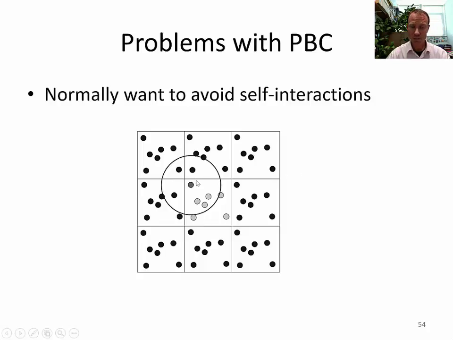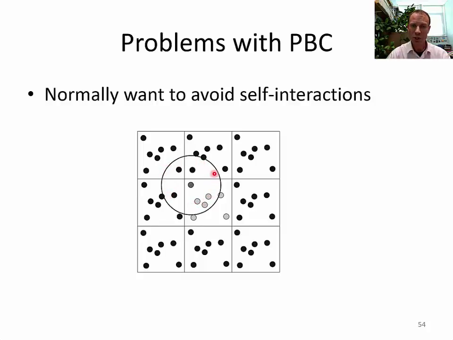This figure here illustrates what's going on. If we take a molecule of interest here, then we calculate the interactions within this sphere around it. And this sphere is determined by the box size partly.